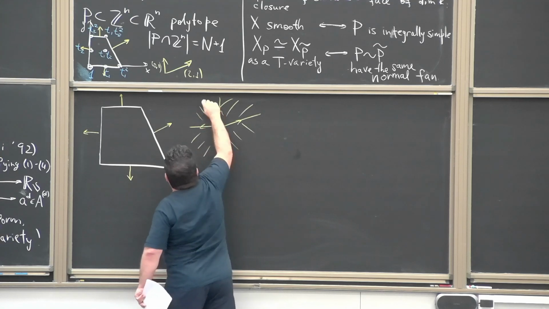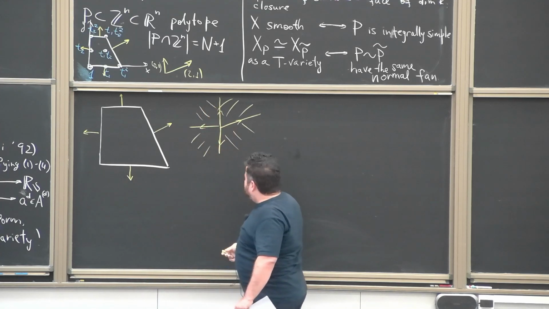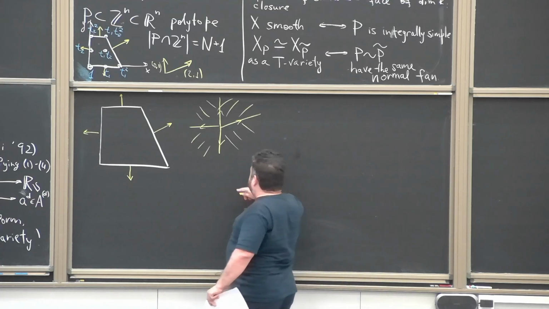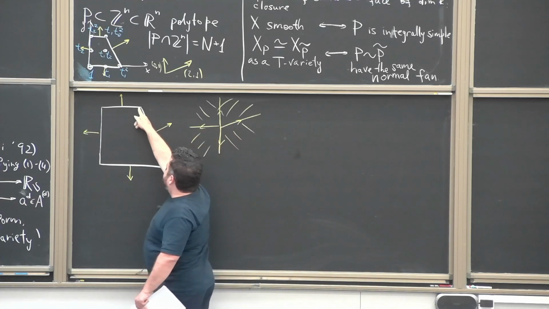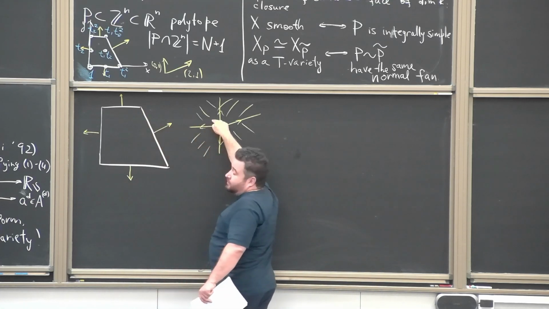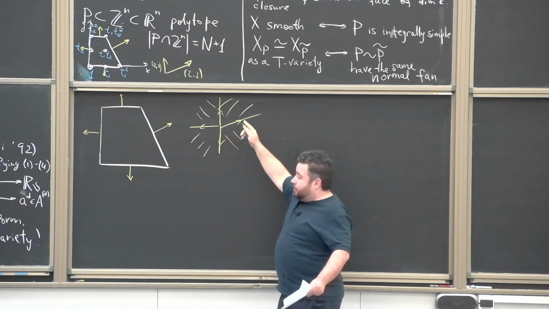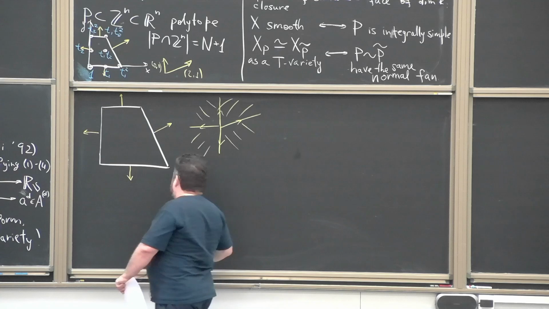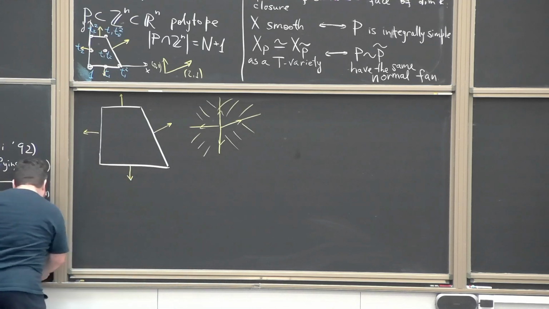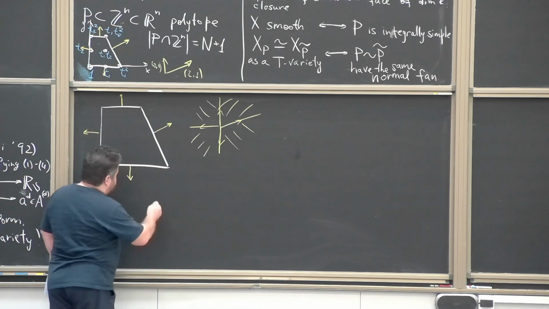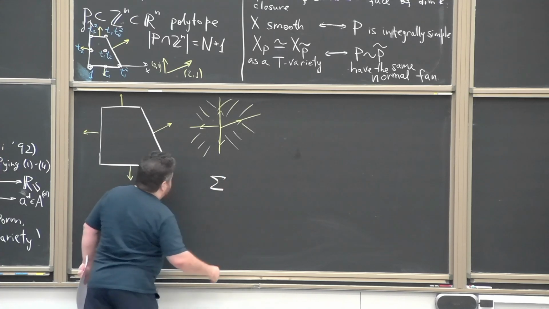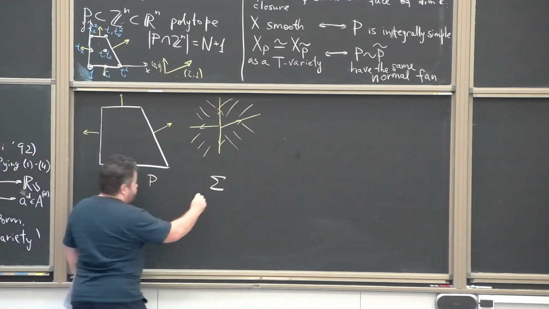Here the dimension is inverse: a zero-dimensional thing here becomes a top-dimensional cone, and the other way around. So instead of speaking about the polytope, we can speak about its fan, sigma, the normal fan of P.